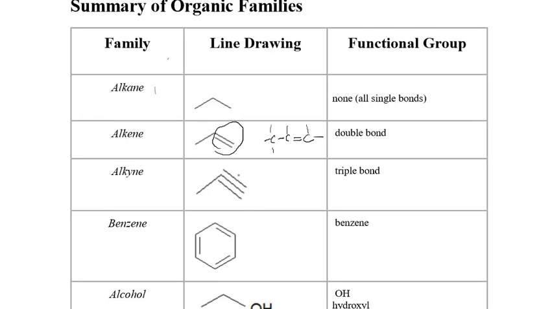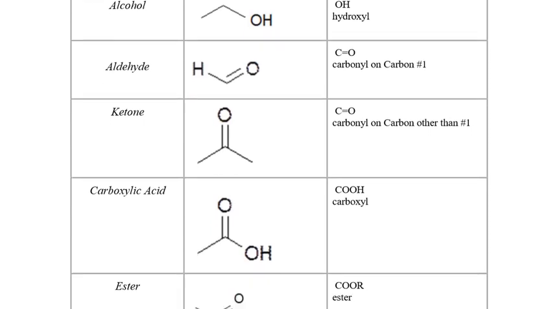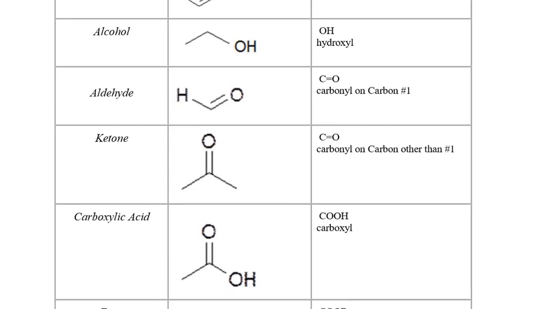Okay, so an alkyne has a triple bond. Benzene has this unique structure where you have a 6-membered ring with alternating double and single bonds. Alcohols have this OH group, called a hydroxyl.